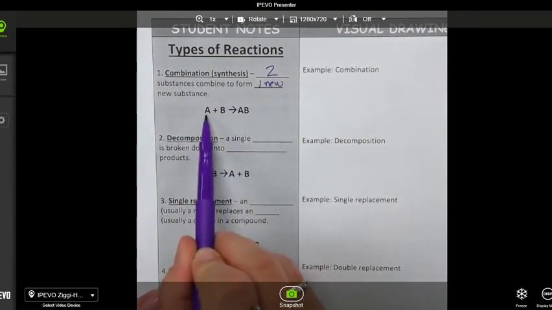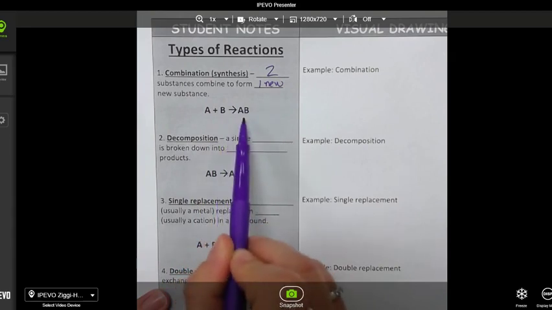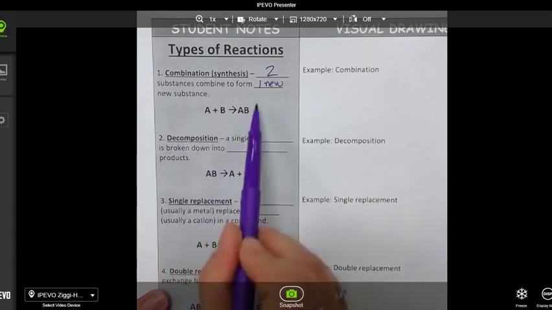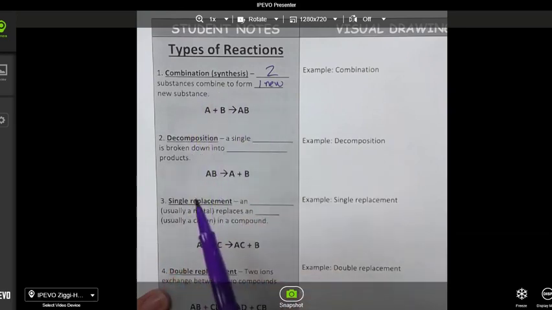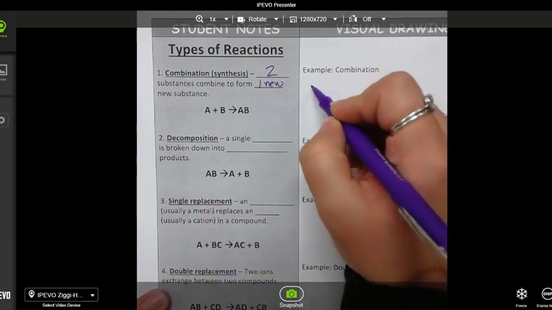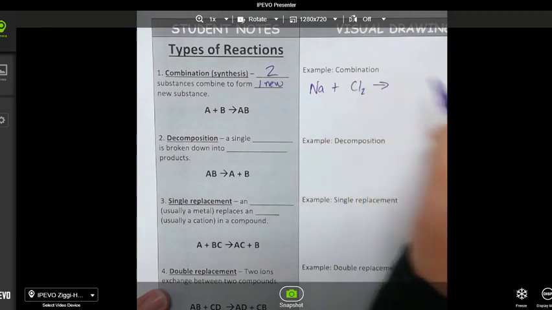Substance A plus substance B combine to form one single substance. So this is like the blueprint for what a synthesis reaction looks like. So you could have something as simple as sodium plus chlorine combines to create sodium chloride.